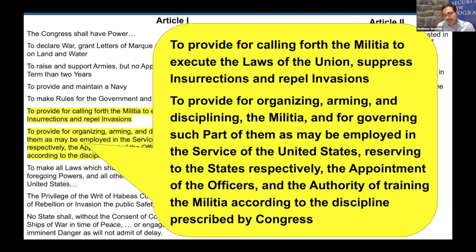And I would say that arguably the first conflict in which the United States tests out these new war powers under the Constitution is a conflict that really predates ratification, which is the border tensions between settlers and Native American Indian tribes on the western and to some extent the southern frontier.